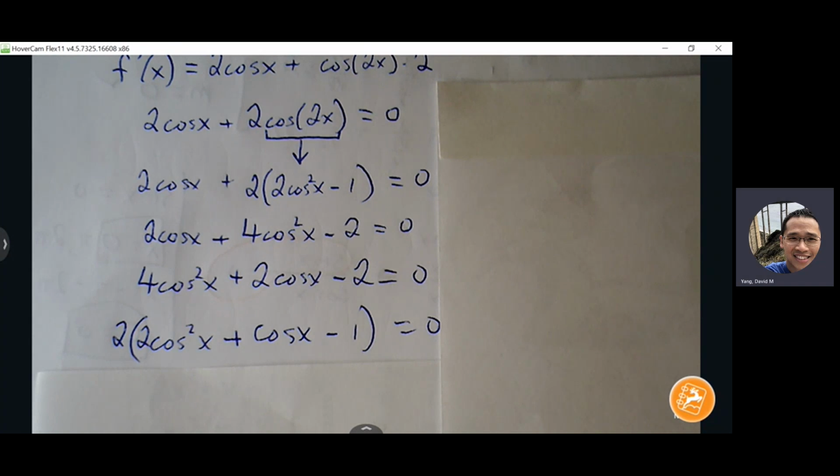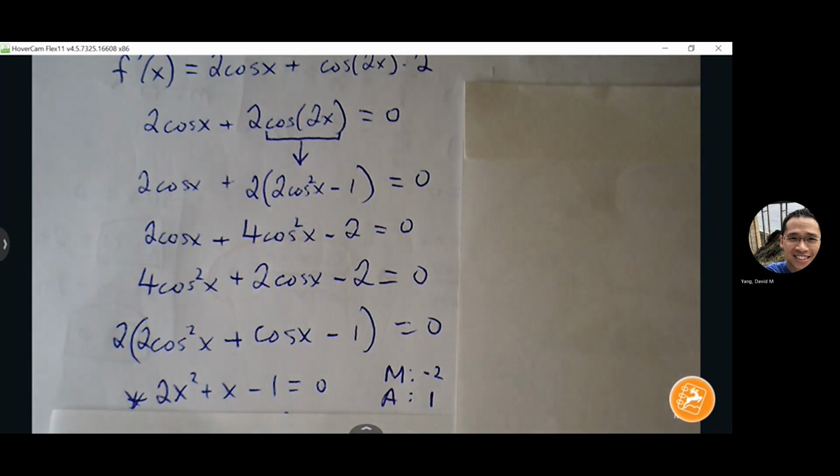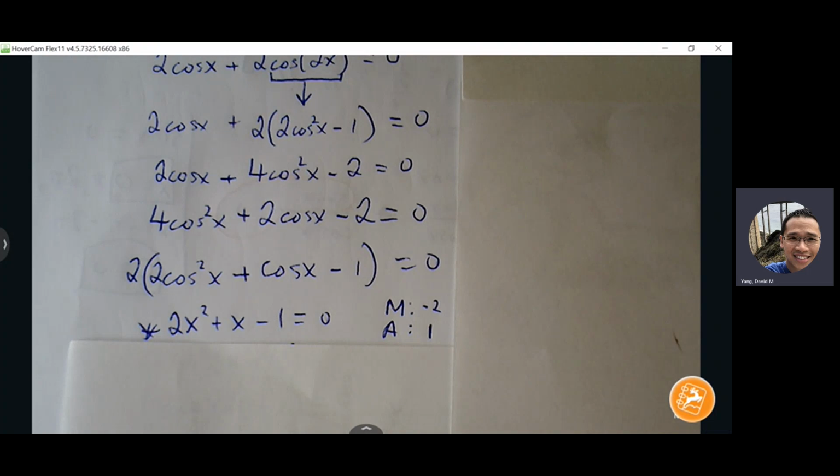So if it's easier, we can try to factor in terms of just x. So why don't we just do an easier problem here? 2x squared plus x minus 1. You want to go through star method, it multiplies to be -2, adds up to be 1. So what two numbers multiply to be -2 and add up to be 1?